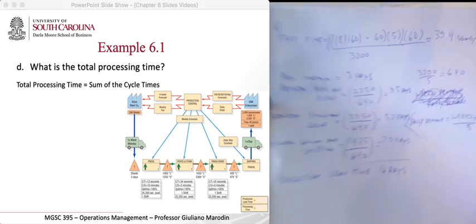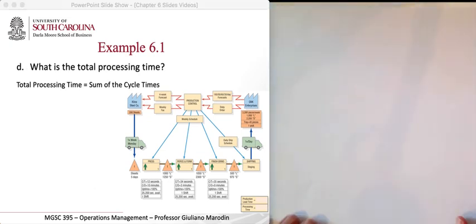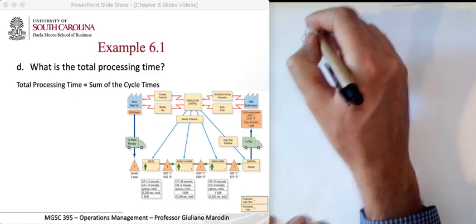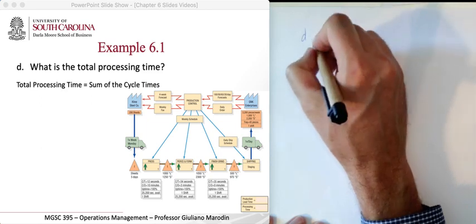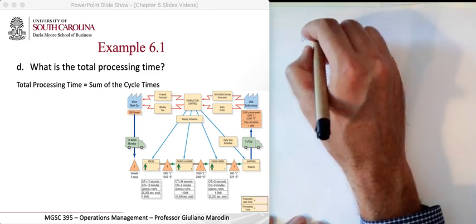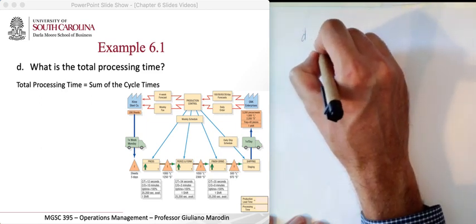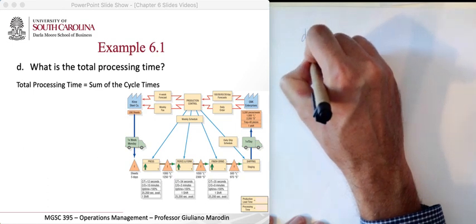It'll be total processing time. I'm going to use another piece of paper because it was getting too confusing. So that's D, and processing time is just the sum of the cycle times. I have the press cycle time of 12 seconds.